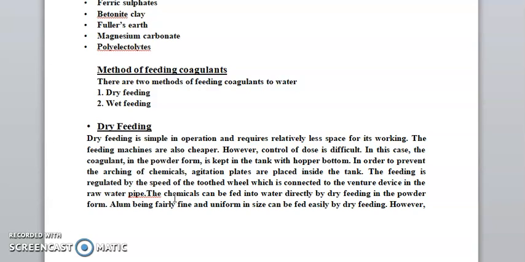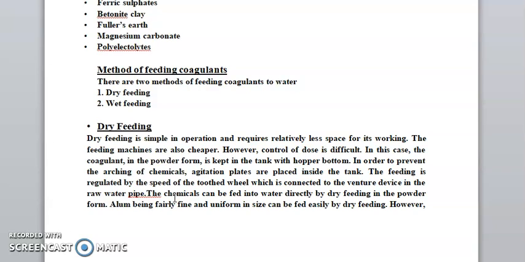In the case of coagulant in powder form, it is kept in a tank with a hopper bottom in order to prevent arching of the chemical. Agitation plates are placed inside the tank. The feeding rate is regulated by the speed of the toothed wheel, which is connected to the Venturi device in the raw water pipe. The chemical is fed into water directly in powder form.